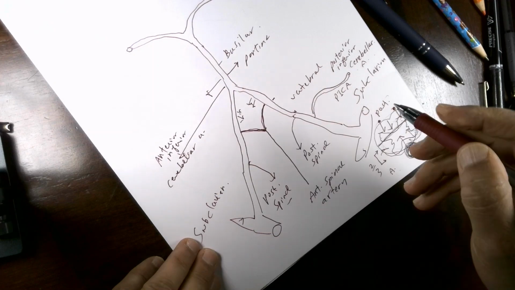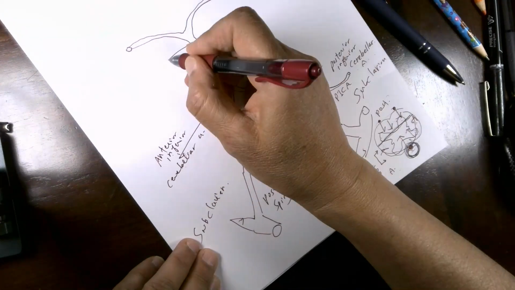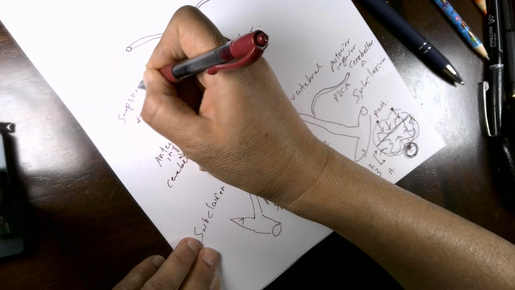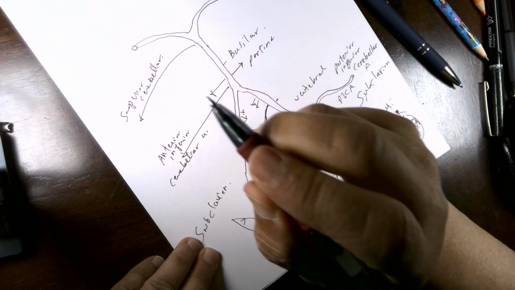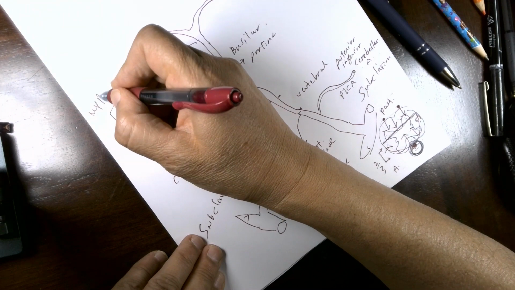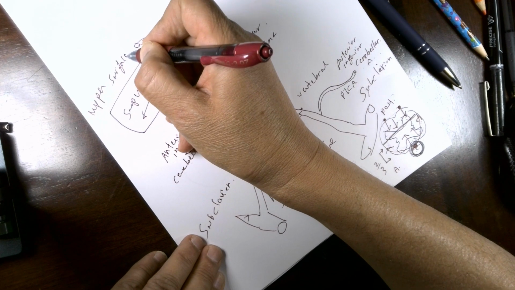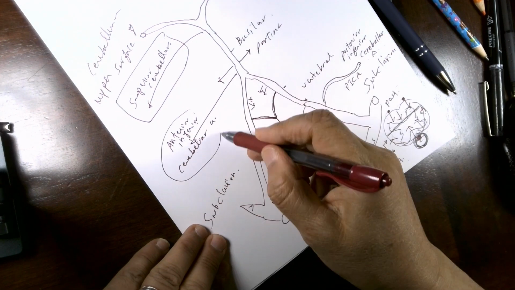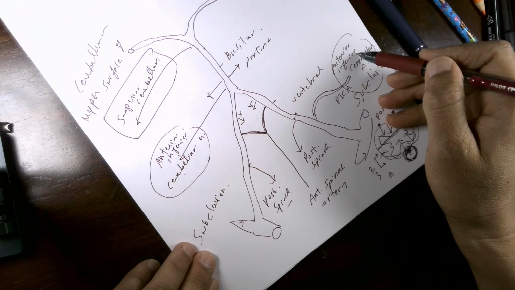It means supplying the anterior part of the inferior surface of the cerebellum. Superior cerebellar artery supplies the superior surface. So we have three cerebellar arteries, one for the upper surface of the cerebellum, and two for the inferior surface, the anterior inferior cerebellar and the posterior inferior cerebellar.